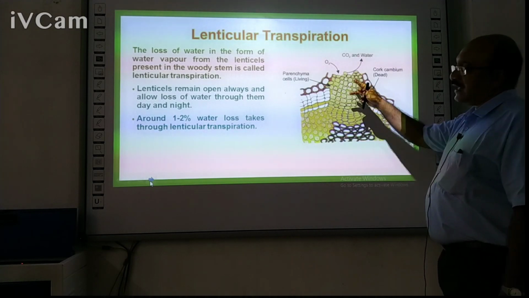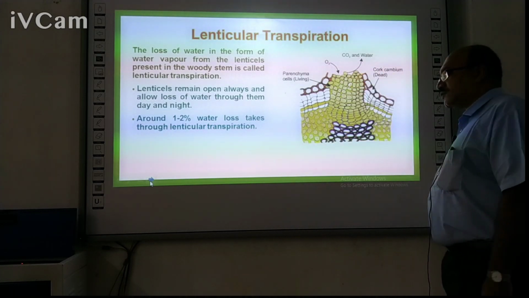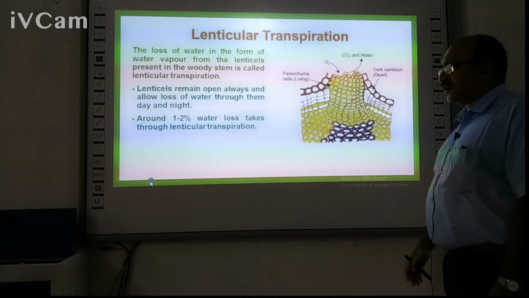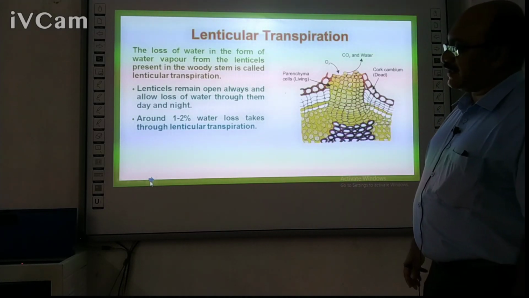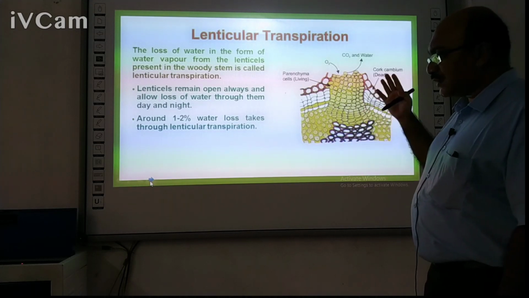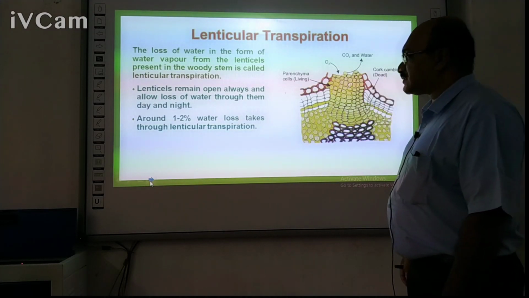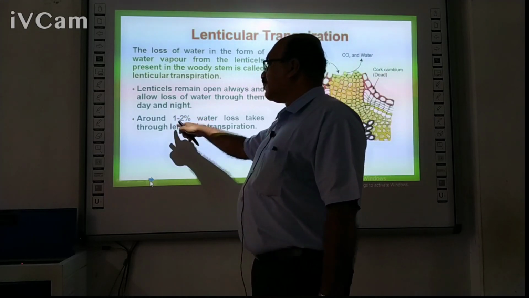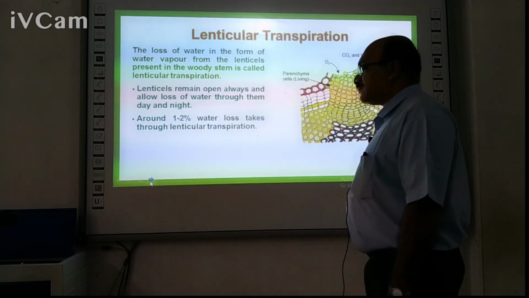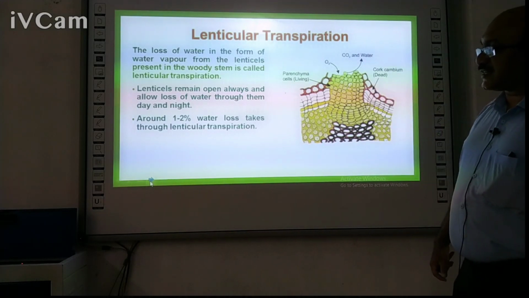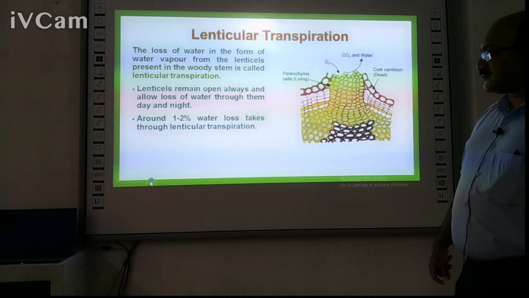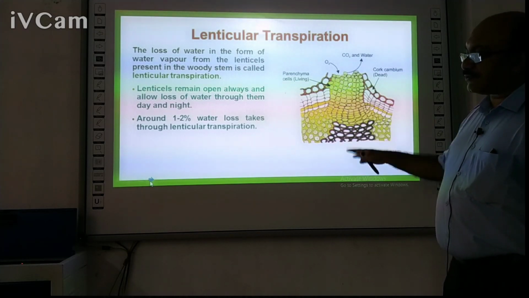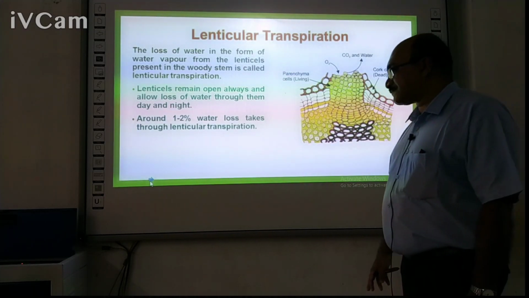As the lenticels remain open throughout the day and night, continuous loss of water takes place. But the loss of water through the lenticels is very much less, only 1 to 2% of the total transpiration taking place in the plants. So it is very minimal, but some amount of water is lost through this.